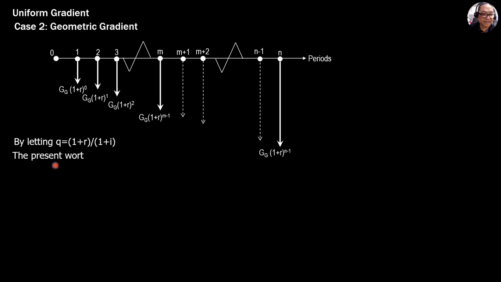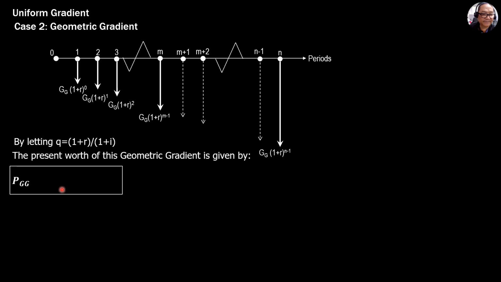So the present worth of this geometric gradient, just for this portion, is given by G sub G over 1 plus I quantity 1 minus Q to the n over 1 minus Q. So let's derive this formula now.